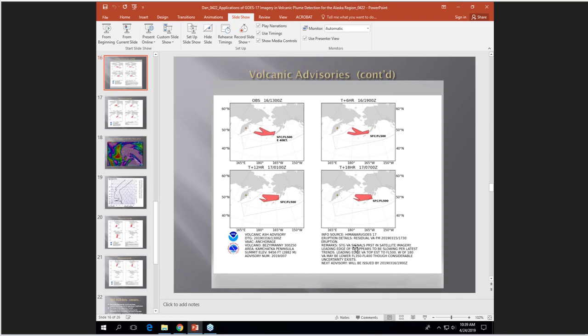So, do you know, did this one have an advisory? It seems like because the plume went up quickly, it probably would have alerted them. Do you know? It did. I don't know the details, but it did alert fairly quickly, and I think that was the initial clue that something had happened.